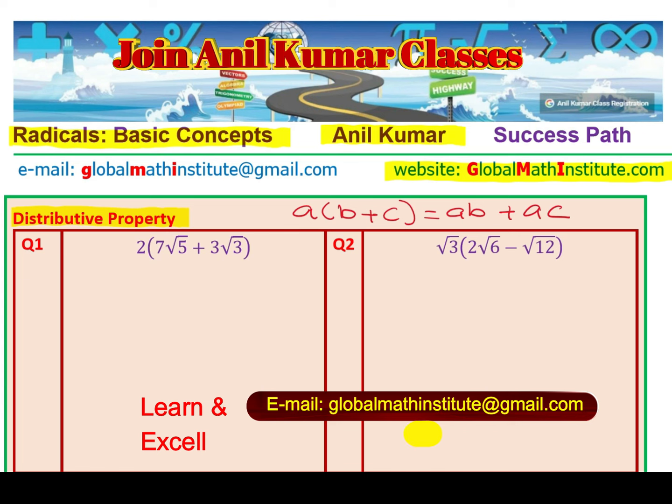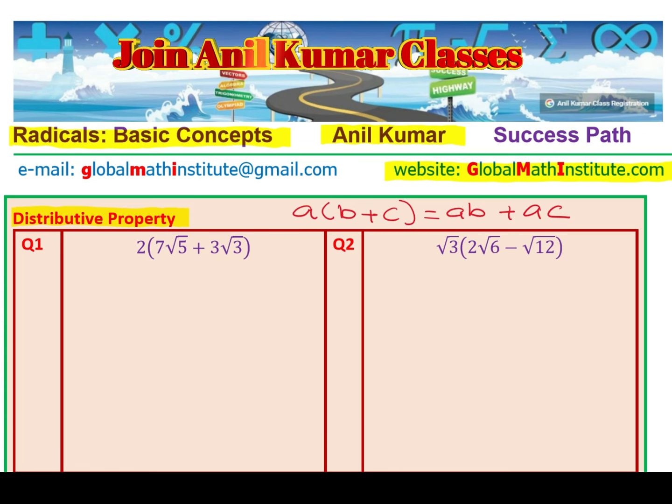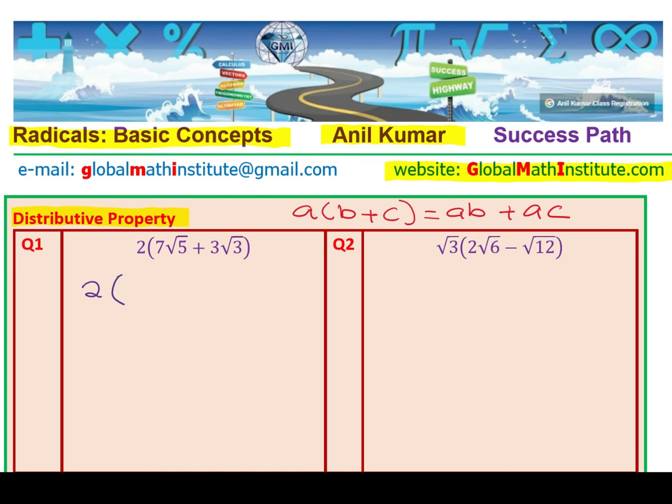Now let's look into the distributive property when applied to radicals and how do we work with these examples. We are going to take 8 examples to master these skills. So the very first one is we are multiplying by a number 2. So let me rewrite this. And within the bracket, we have 7 square root 5 plus 3 square root 3.